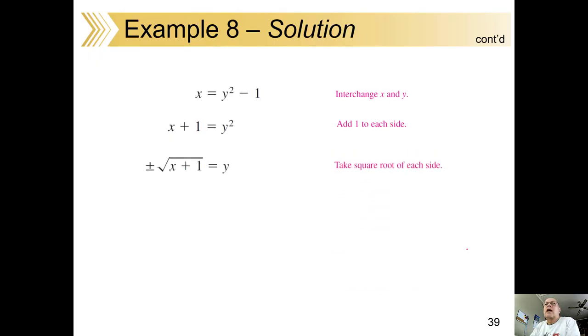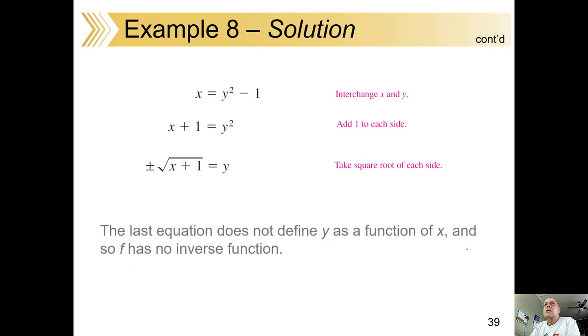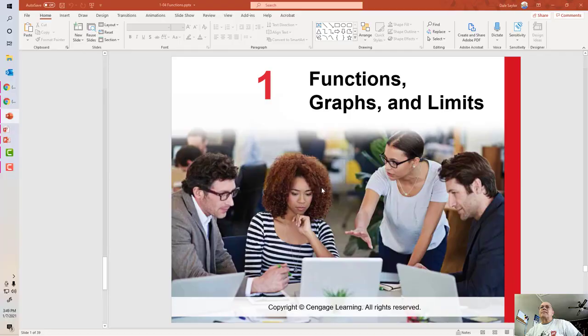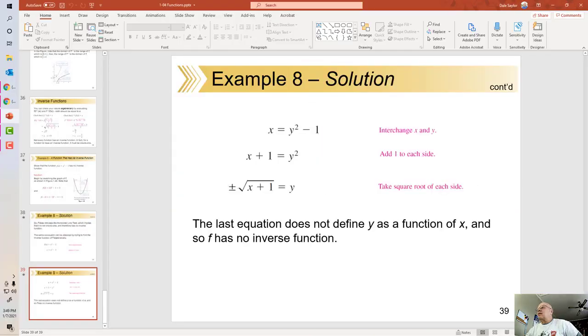There we get the plus and the minus, because when you square, both those will become just x plus 1's. And at long last, we've ended up with the end of the story.